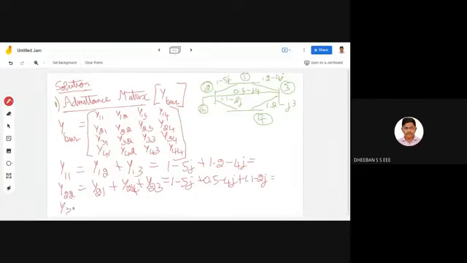So Y33 will be Y31 plus Y32 plus Y33 terms. So it will be 1.2 minus 4j plus 0.5 minus 4j plus 1.2 minus 3j. What is the value of your Y11?